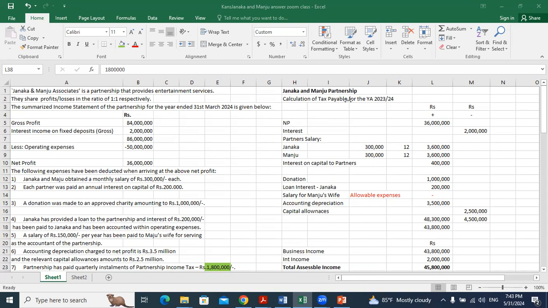There is one other section, I will come to that also. 1.8 million is the tax paid.